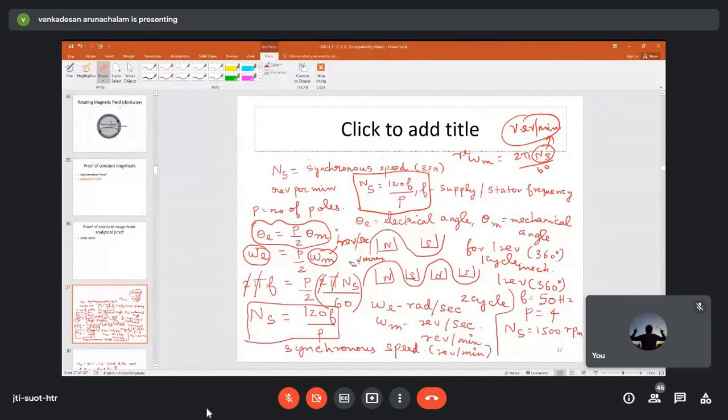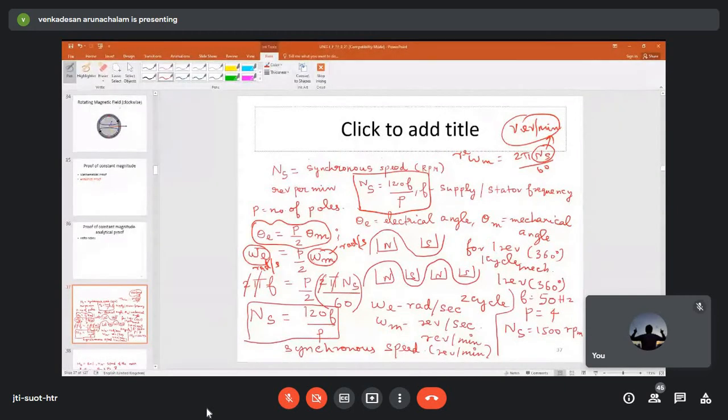Omega E is radians per second with respect to electrical, and omega M is radians per second with respect to mechanical.